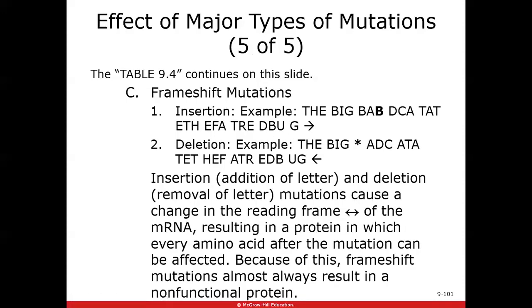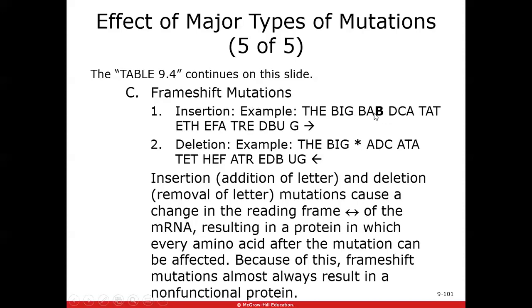Then you have frameshift mutations. You can either add a letter or delete a letter, and it causes a change in the reading frame. So it reads these three, the big, and then it should be bad.